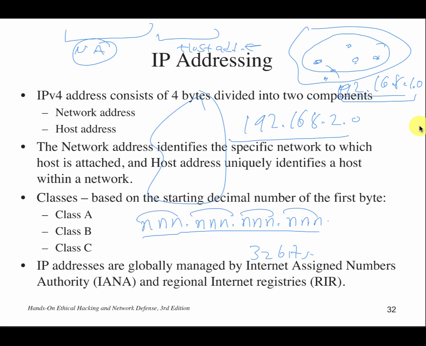Each of these numbers is going to be from 0 up to 255, because they have 8 bits. All of them 0 gives the minimum 0, and all of them 1 gives the maximum 255.